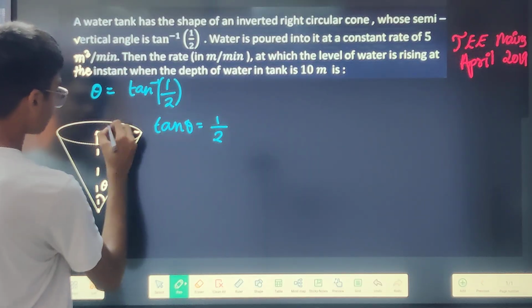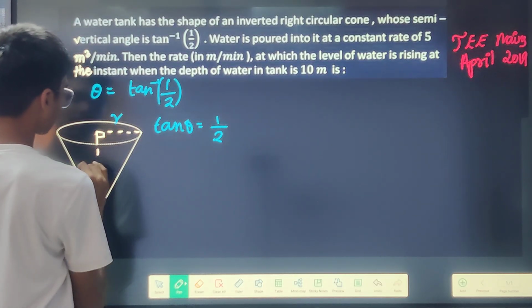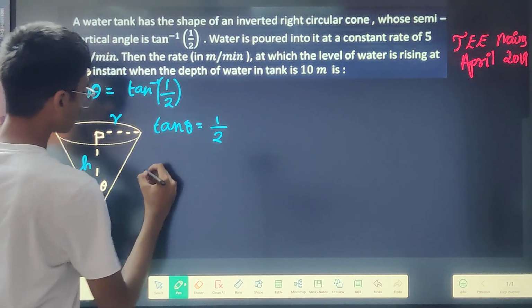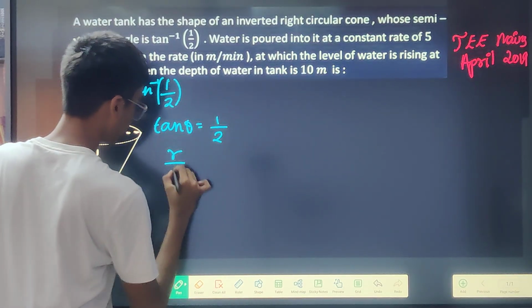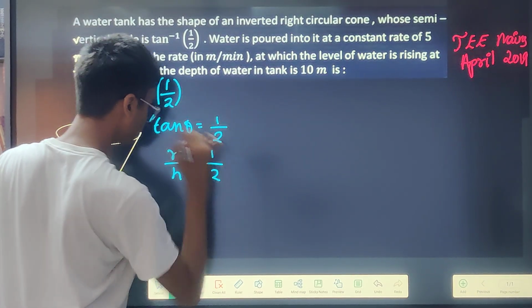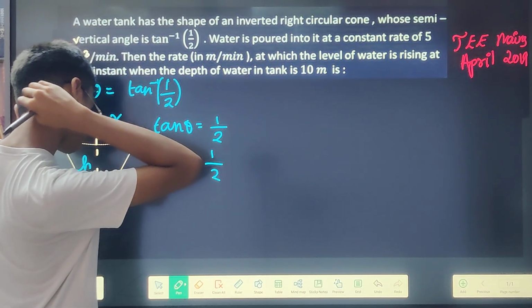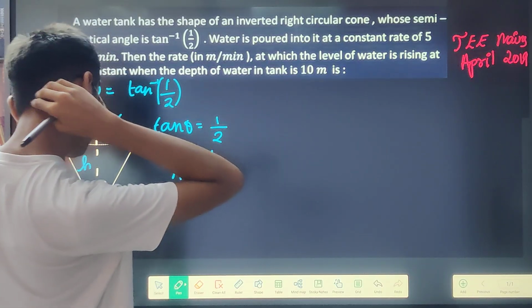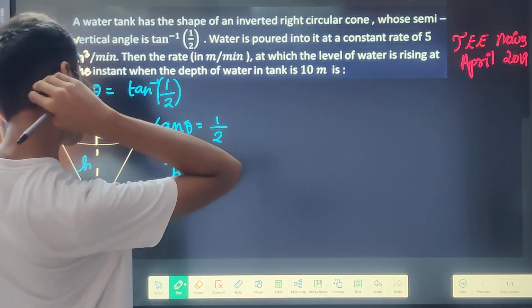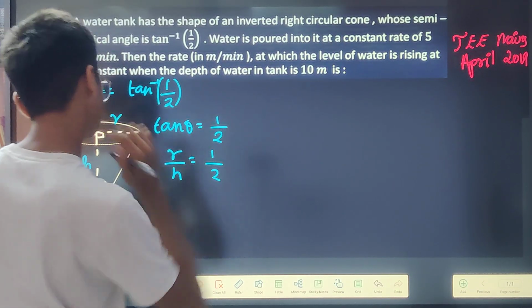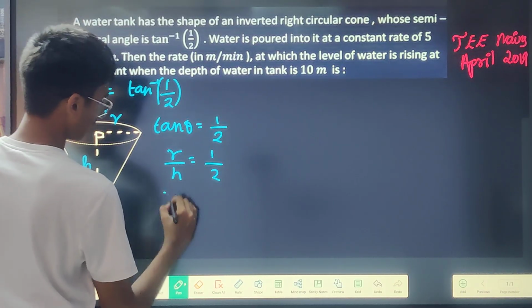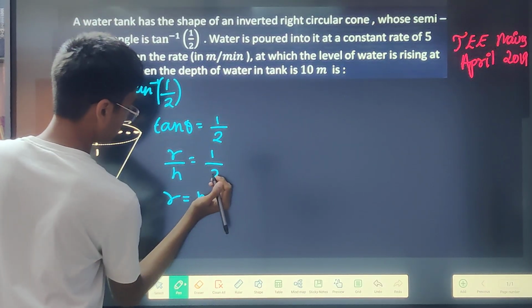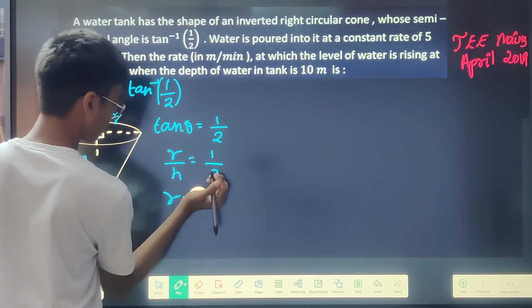I will keep the radius as r and the height as h. So r by h is equal to 1 by 2. So r is equal to, wait, we will come to this conclusion later.